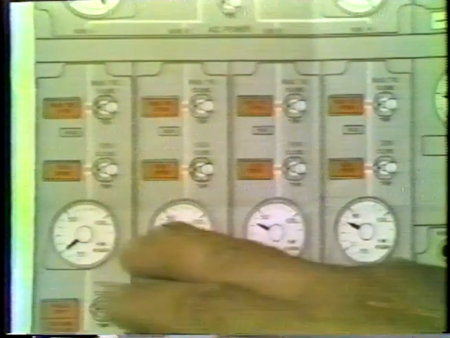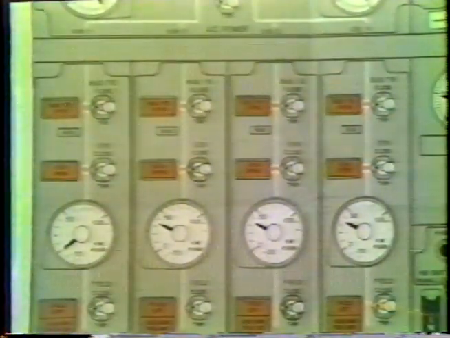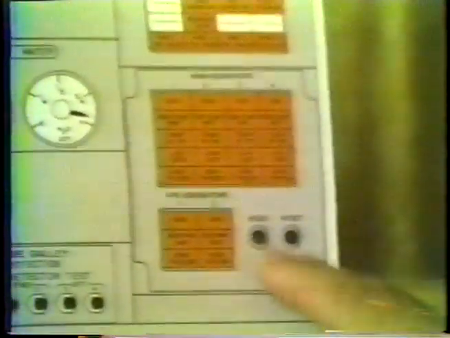Anytime any automatic action takes place with the generators, it will be represented over in this portion of the engineer's panel by a light coming on when the read button is depressed.